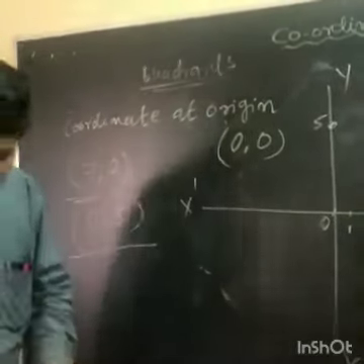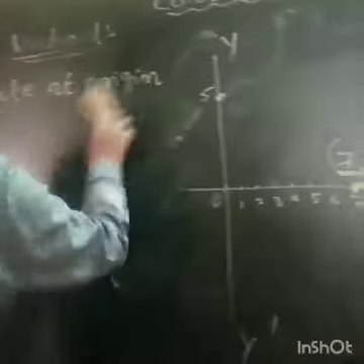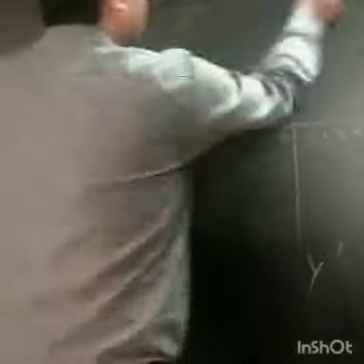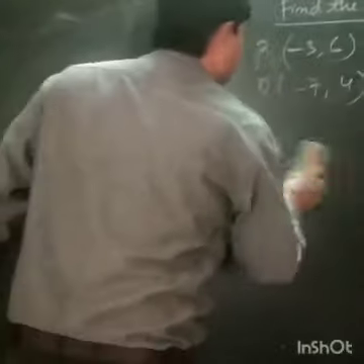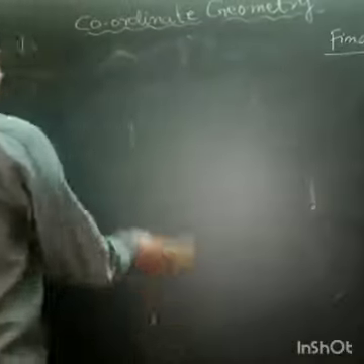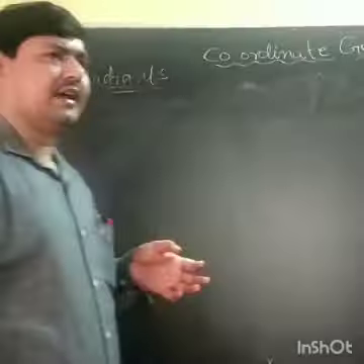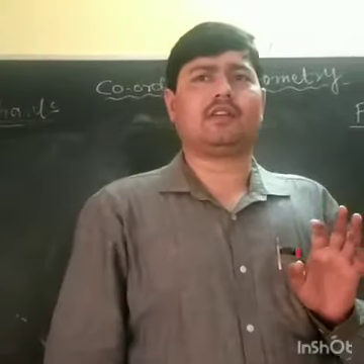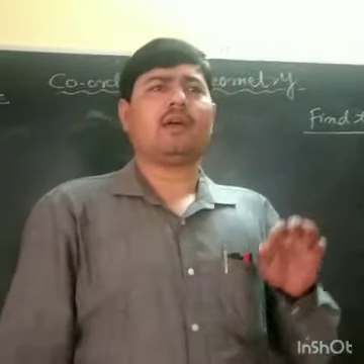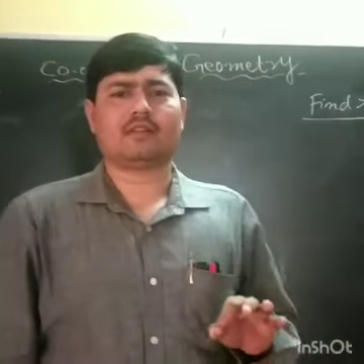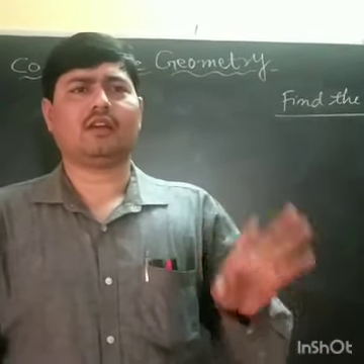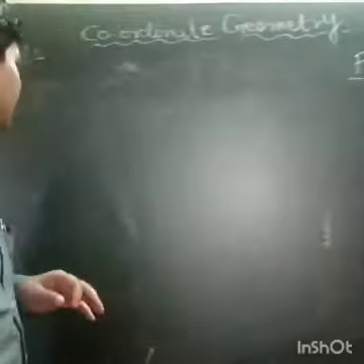Sometimes it is asked to plot them, draw the graph, as we have already defined that coordinate geometry is the study of plotting of algebraic expressions in a graph. So how do we plot?